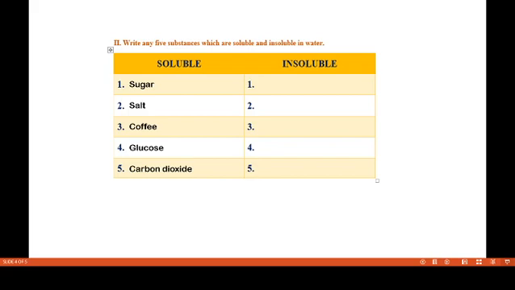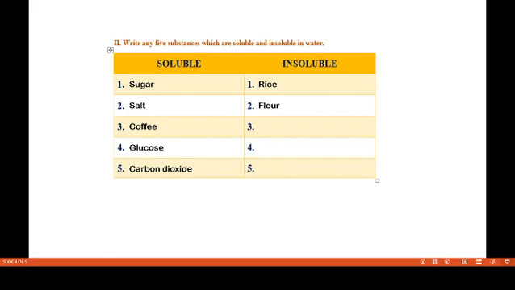Okay. Now, insoluble substances. Insoluble in water. What are the substances that are insoluble? First one, rice. Rice does not dissolve in water. And then flour. Flour also does not. Wheat flour, rice flour. There are many kinds of flours.